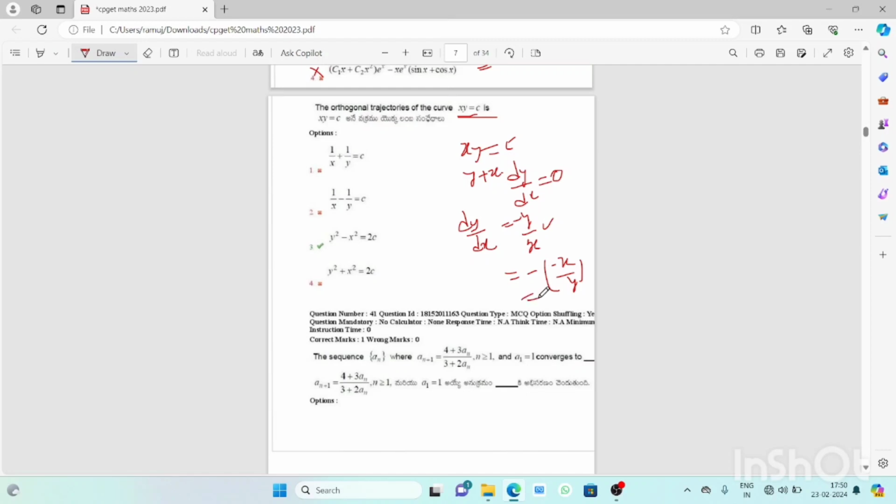So we get dy by dx equal to y divided by x, and then I just integrate both sides. I get dy by y is equal to dx by x. If you integrate this, you can clearly get the correct option for this differential equation.